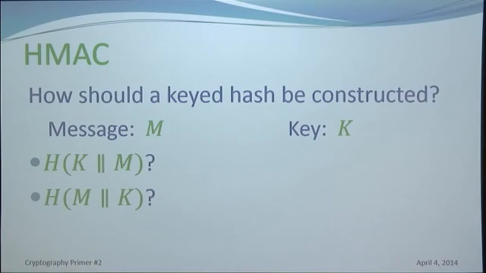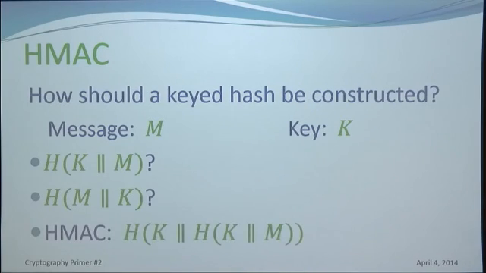Well, it turns out both of these have problems. This has some big problems because of the way we construct hash functions, that you could probably just append more data to the end of this and figure out what the hash should be. So it has what's called a length extension attack. And it turns out there are some attacks on this method as well. So we don't want that used either.